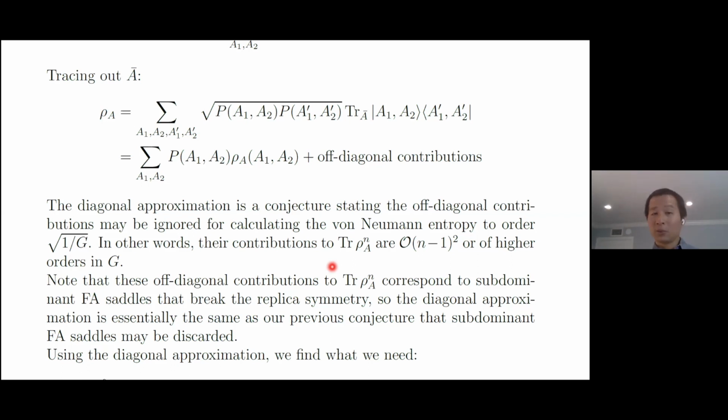In other words, even though we might not have a way of directly producing the analytic continuation of the replica non-symmetric saddles from path integrals, maybe we can bound them and say that they don't contribute to sufficiently leading orders in G near n equals 1.